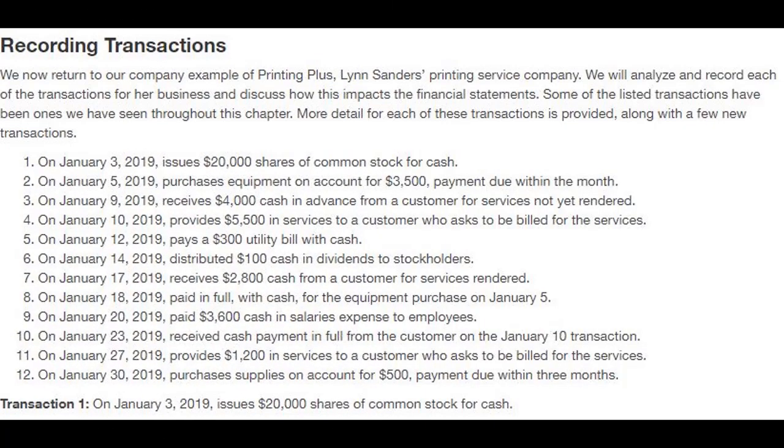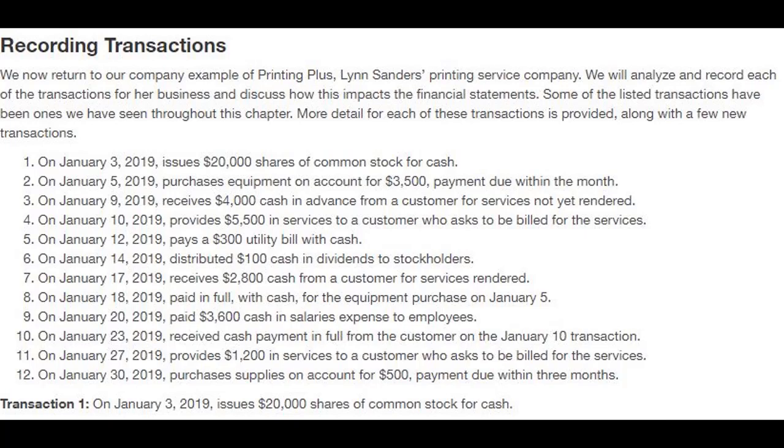I now want to take you over to the book chapter section 3.5, titled Recording Transactions. Scroll down to 3.5. The subtitle for all of 3.5 is Use Journal Entries to Record Transactions and Post to T accounts.